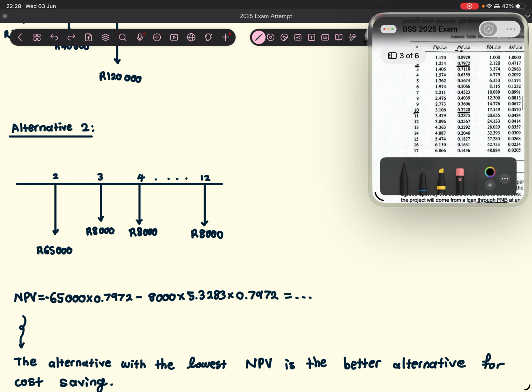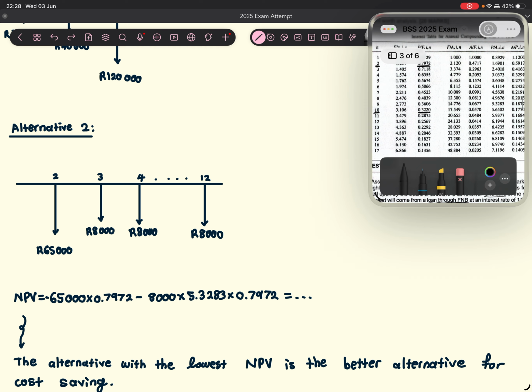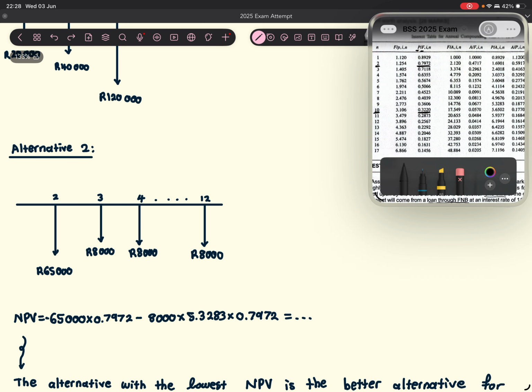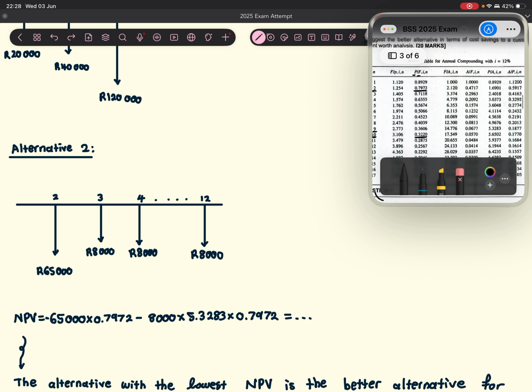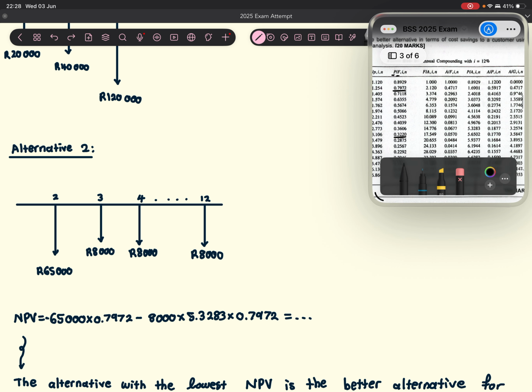On our table, we have the annuity for 9 years. So we go to n equal to 9, and look for the present value given annuity, P given A, which is 5.3283. Cool.